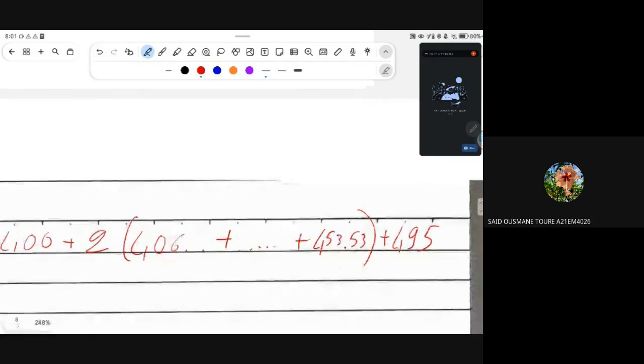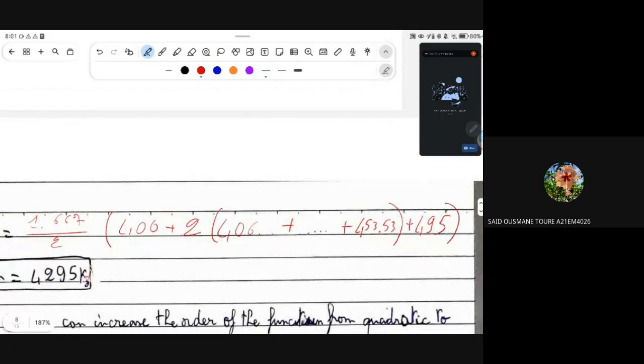Now you have your bracket here, the most important bracket. This is f of 0, and this is f of x equals 10.